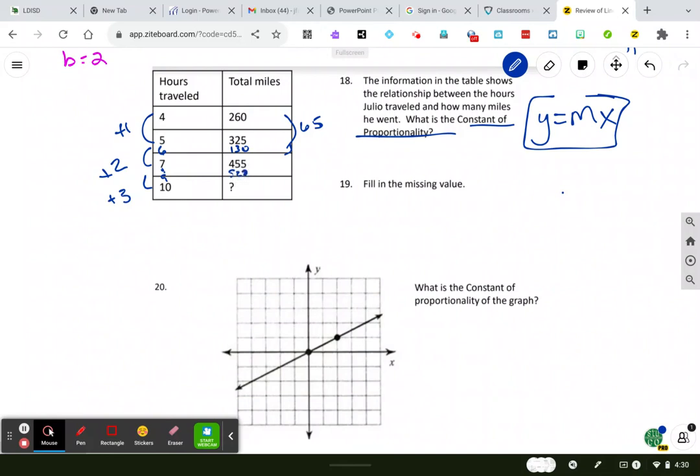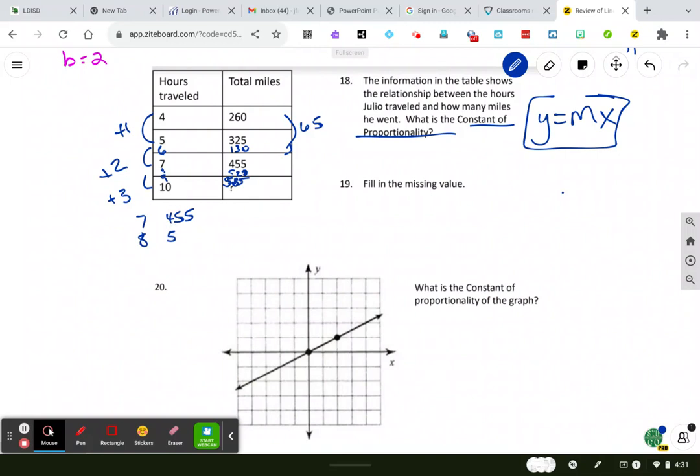That's for 8 hours. Then another 65. That's for 8 hours or 9 hours. It's 585. So I'm going to write this here. 7 hours was 455. 8 hours was 500.